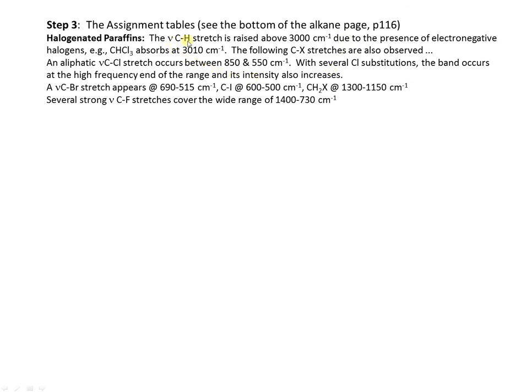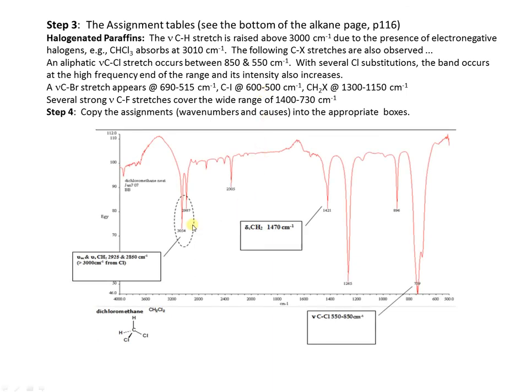The CH stretch is raised above 3000 in halogenated hydrocarbons due to the presence of electronegative halogens. For example, chloroform absorbs at 3010. Let's go forward. There's our structure here. Notice just above 3000, and that's due to the halogens on it, so it's higher than normal.